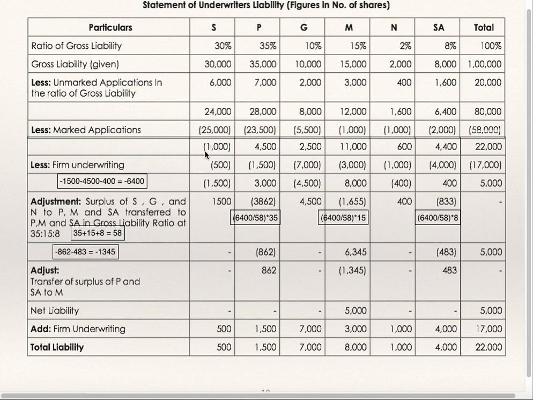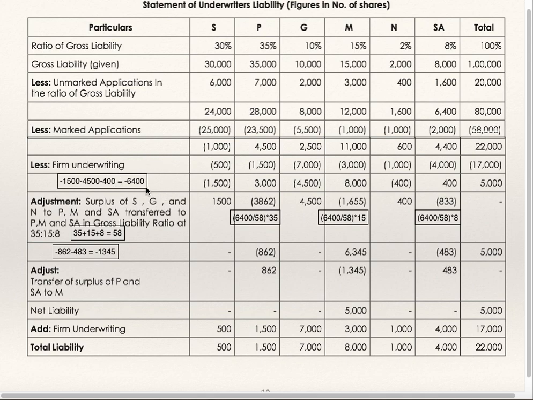So the net answer is here minus 1500, minus 1000, minus 500 is minus 1500. That is how they have calculated for everyone. And you have got three negative figures, 1500, 4500 and 400.